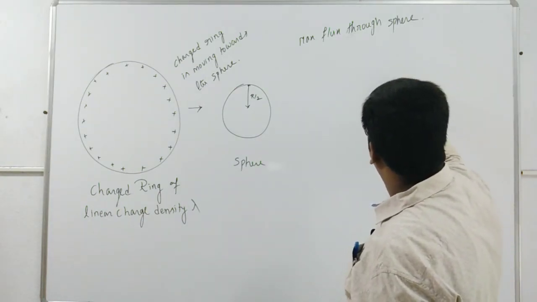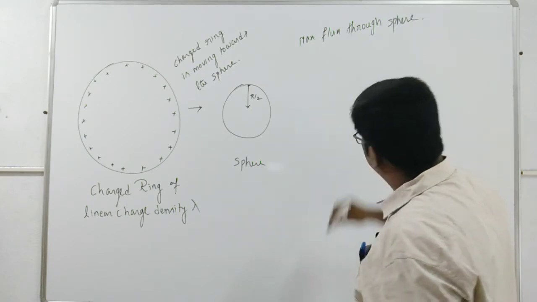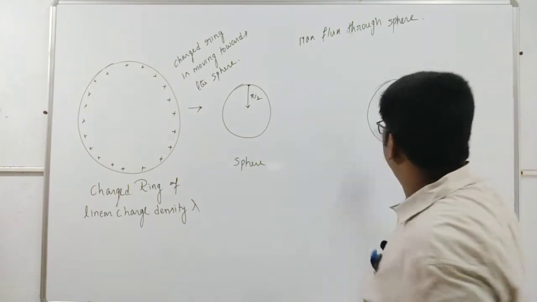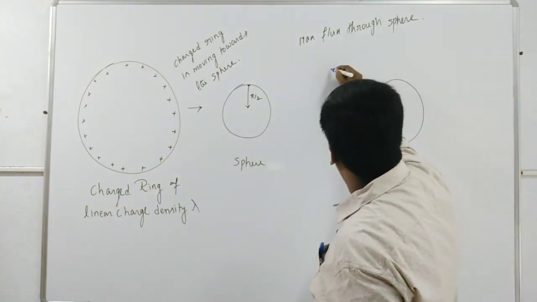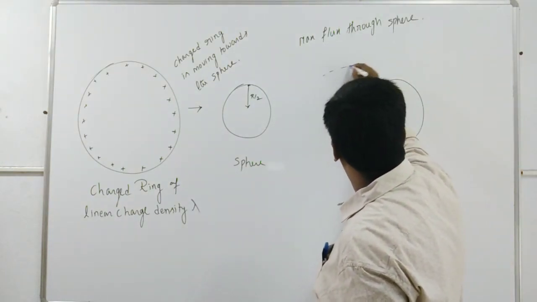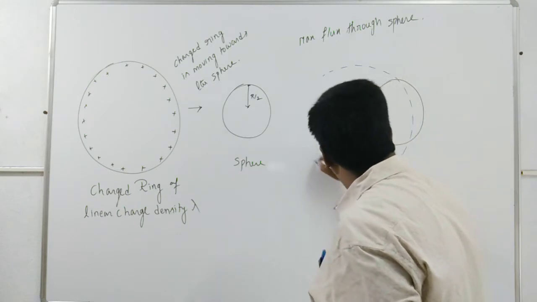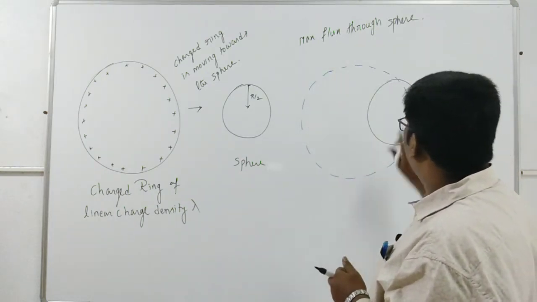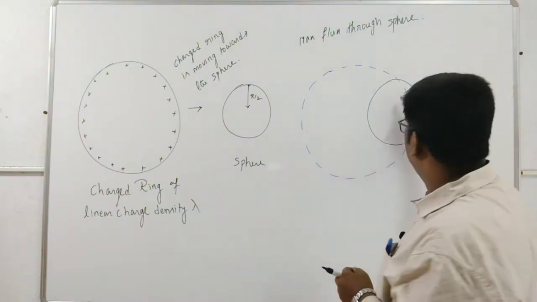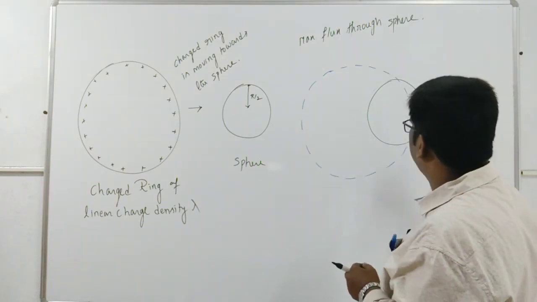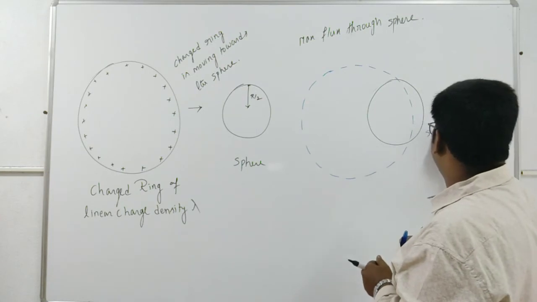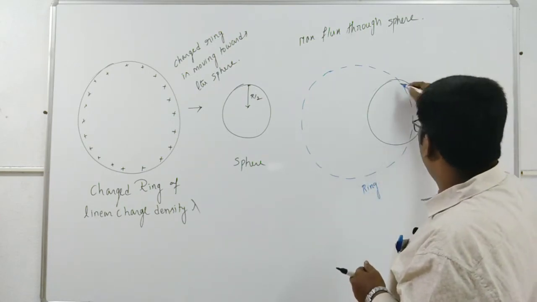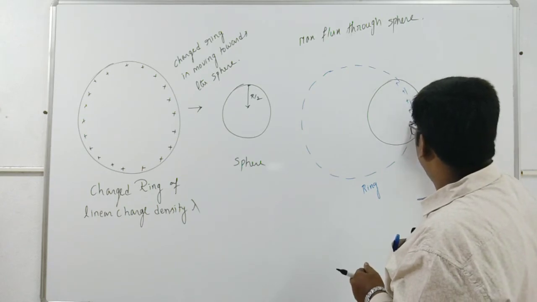If this is the sphere and the ring is entered like this, this is possible when the maximum chord is present. The maximum chord of the ring is present inside the sphere. So this is a sphere, and this is a charged ring.